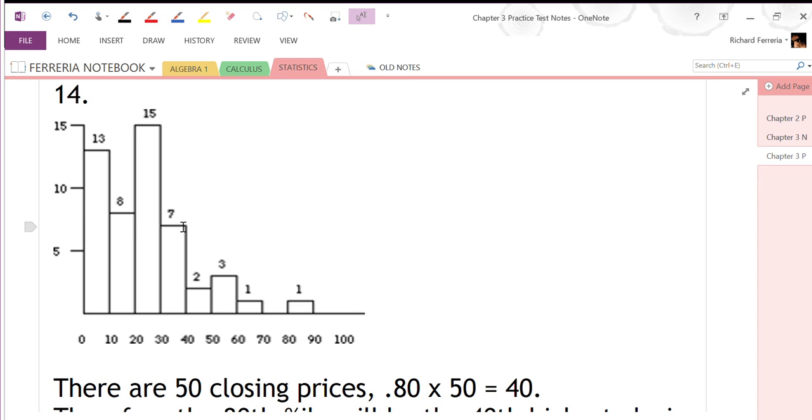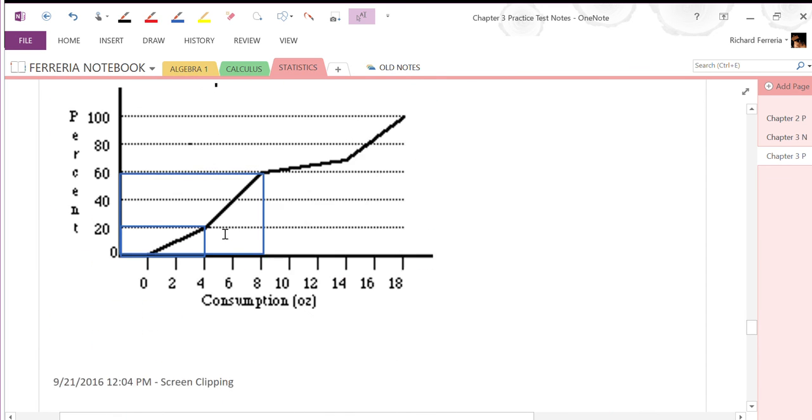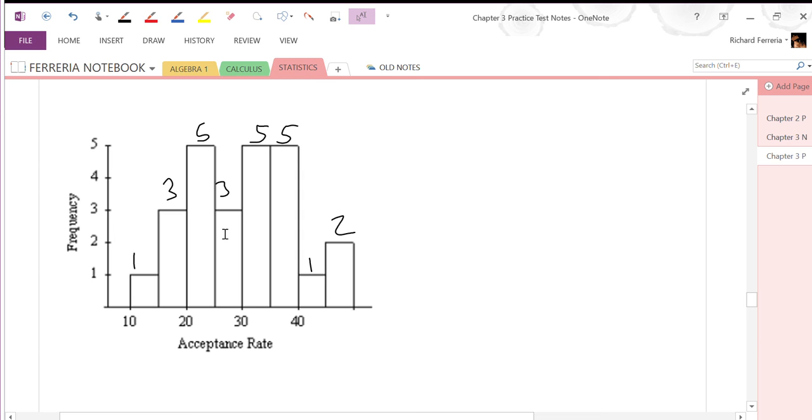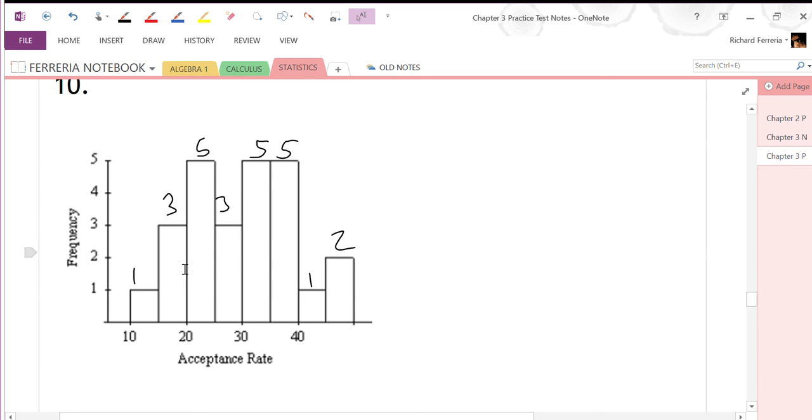Okay. Anything else, or what's next? 9, yeah, absolutely. Okay, so we're looking for school acceptance rates that are less than 20%. So here are the acceptance rates, right? Well, if this right here is 20% acceptance rate, then these two bars down here represent all the schools that had less than a 20% acceptance rate. How many schools is that?